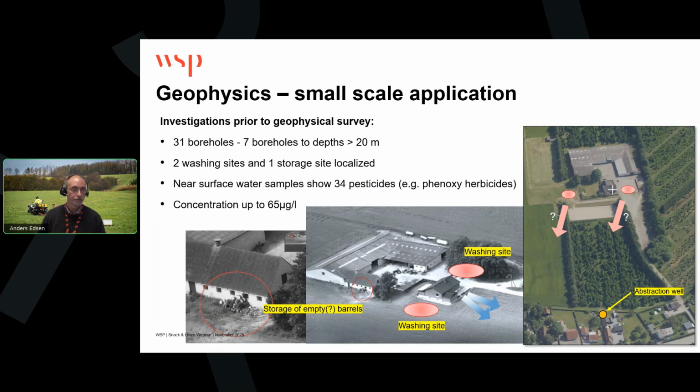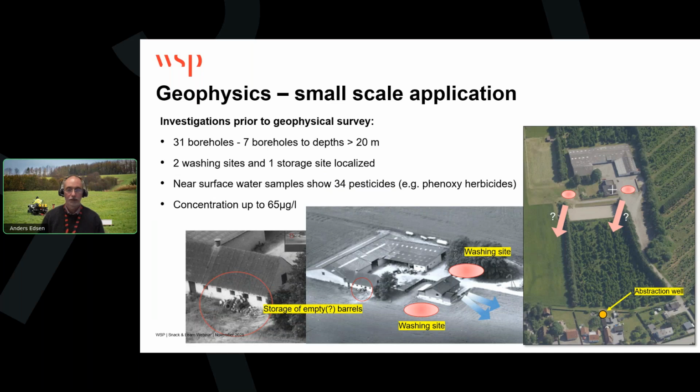The near surface water samples show the existence of up to 34 different pesticides and a concentration up to 65 microgram per liter, which is posing a risk if you have groundwater extraction nearby.